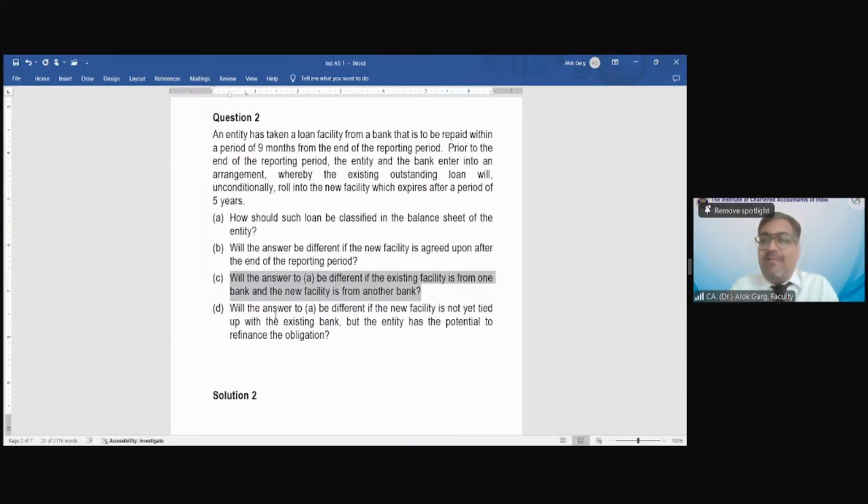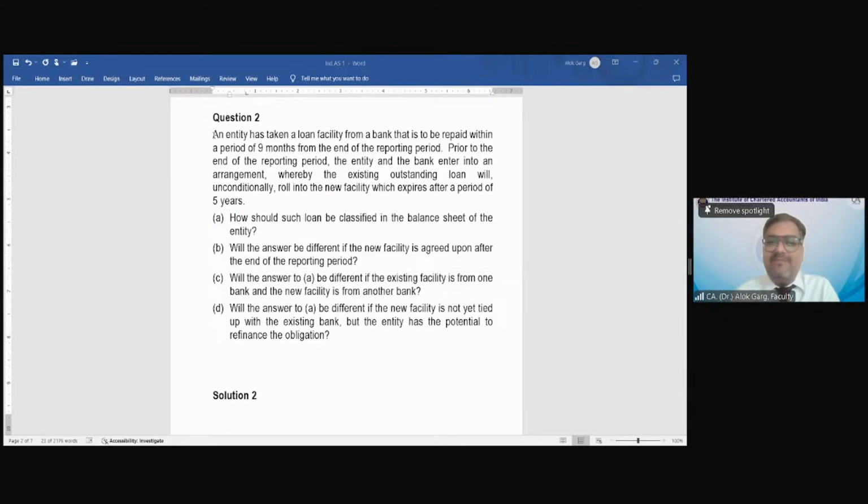In question number A, it was written that the existing facility from the bank for 9 months has to be rolled into the new facility from that bank only for 5 years. But now in this question, this 9 months facility is from one bank and the new facility for 5 years will be from another bank. What will be your answer?